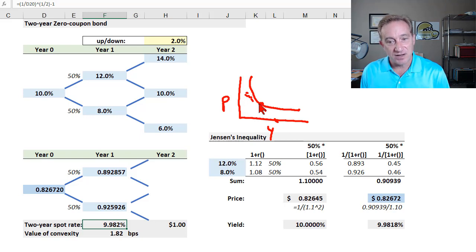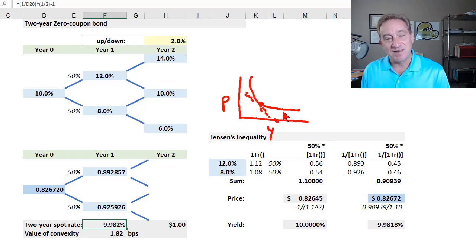Yield goes down. Convexity is that accelerating price. You're gaining even more than you would gain without convexity. You're accelerating on the upside. On the other hand, if the yield goes up, so that was yield down, price up. On the other hand, yield goes up. Of course, the bond price that you bought goes down. You don't want that.